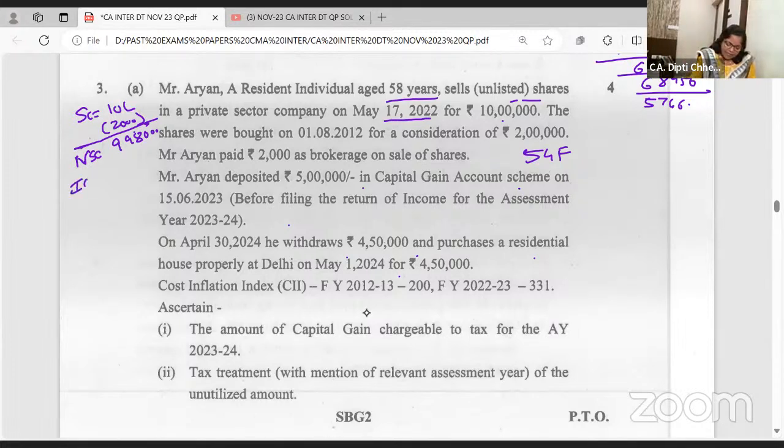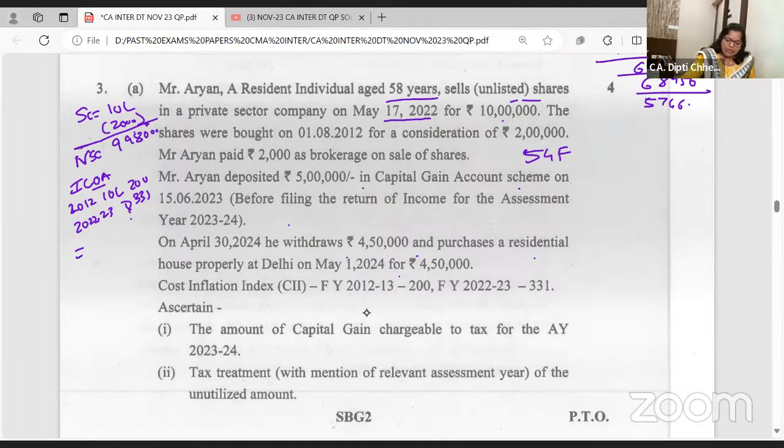Now, can we take indexation? Normally we don't take in shares, but यहाँ पे है because these are unlisted shares. For 2012 में खरीदे हैं 10 lakh के लिए. 2012 index is 200 and now it is 331. 200 has become 331. 10 lakh has become how much?